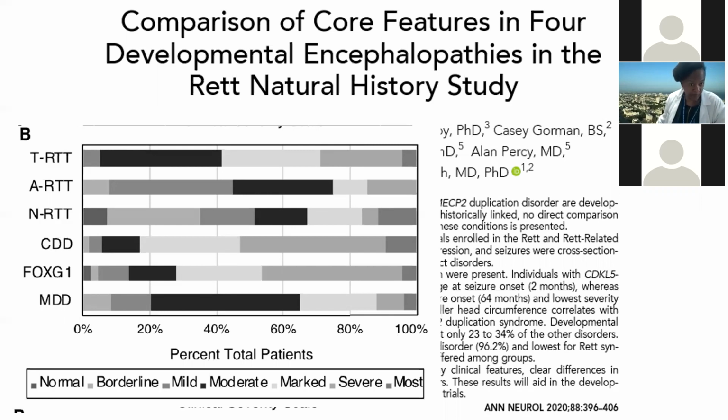Same goes for the other variations of Rett syndrome. Now, if you look at the patients who have CDD, FOXG1, and MDD, we can see that severe, marked severe, and most severe are predominant in this population, okay? So the medical needs of these patients are going to be even higher.